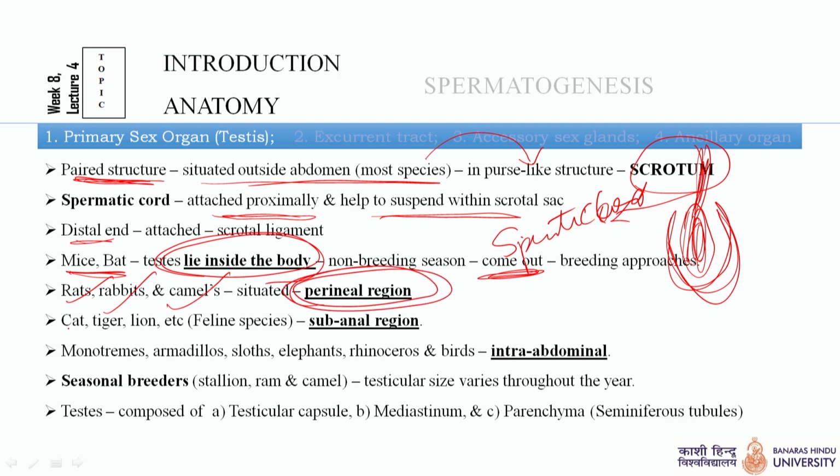Then in species such as cat, tiger, lion, etc., the feline species, the testis is located in the subanal region. Sub means below, on the sides of the anal region. Then in species such as monotremes, armadillos, sloth, elephant, rhinoceros and avians, the birds, the testis is located intra-abdominally, that means inside the abdominal cavity.